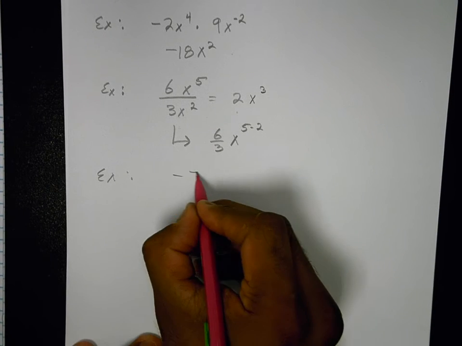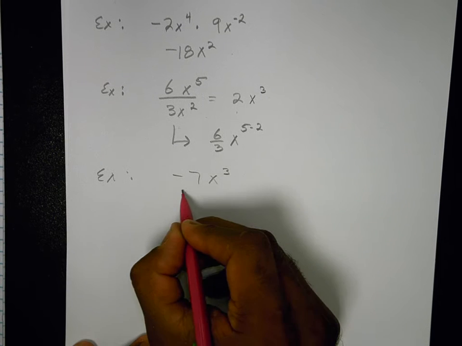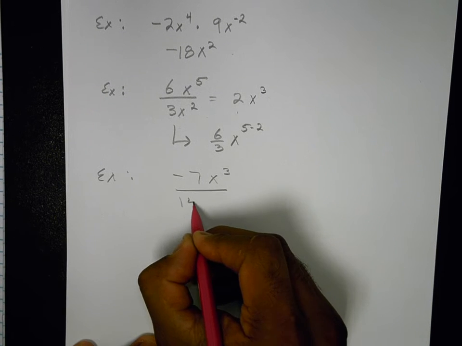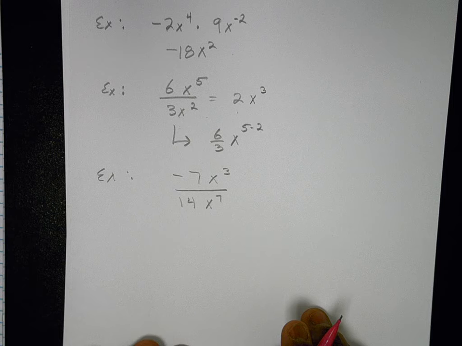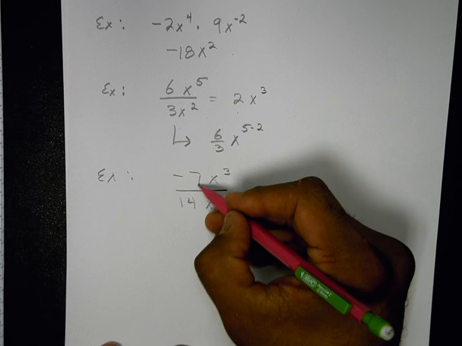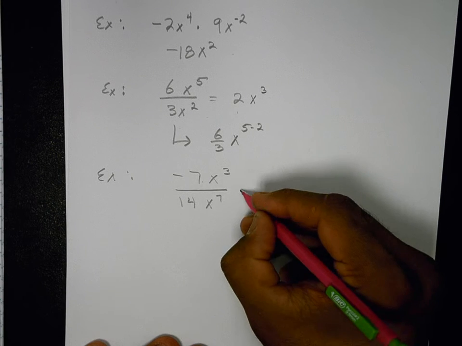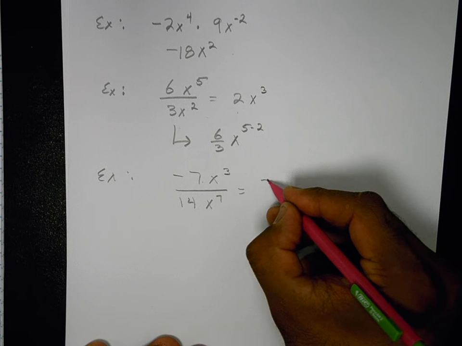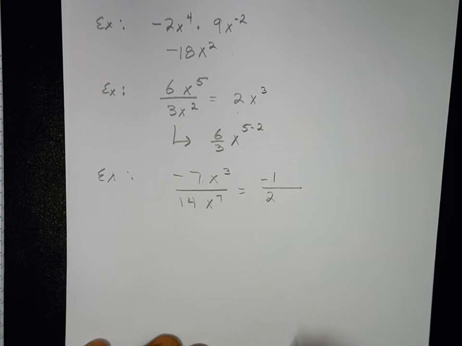Okay. Negative 7x to the 3rd all over 14x to the 7th. If I was to divide these, that's going to equal negative 1/2. I can take a 7 out of both of those.